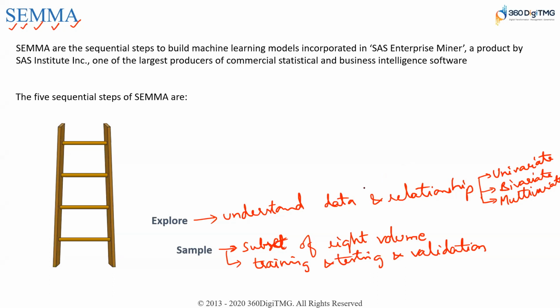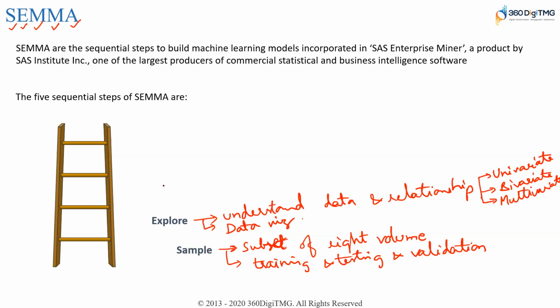You look at the distribution of the data. When it comes to bivariate, you look at the relationship between two variables. And when it comes to multivariate, you look at the relationship between multiple variables. You also do data visualization here.